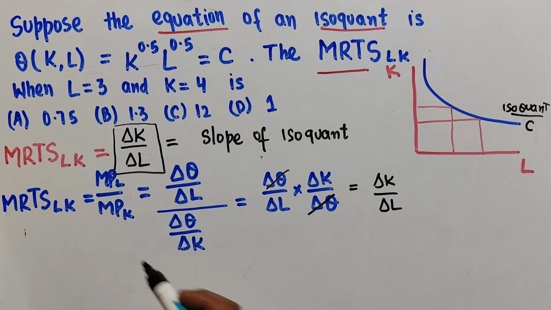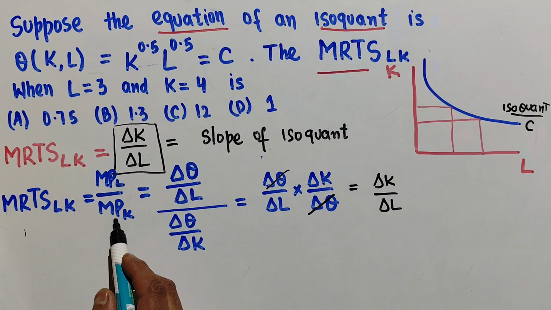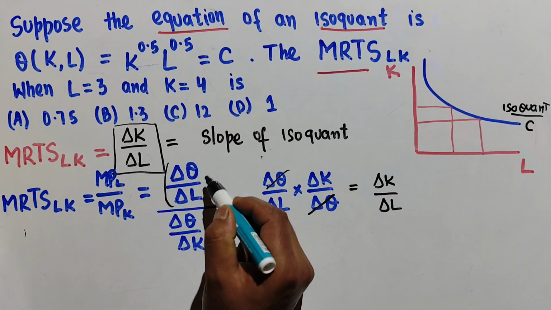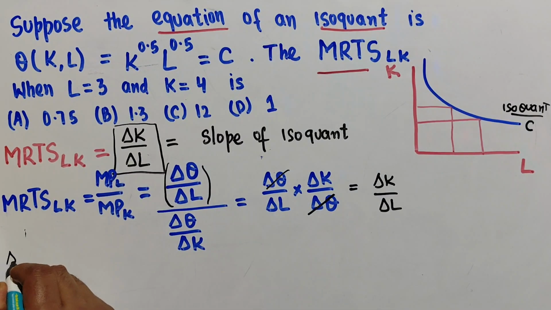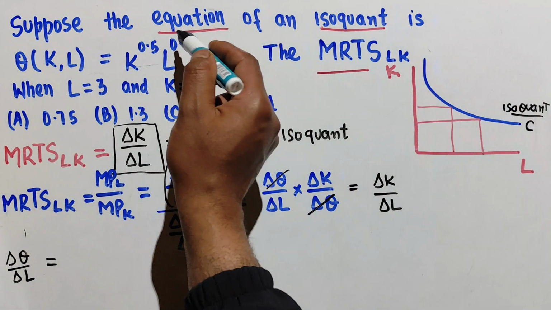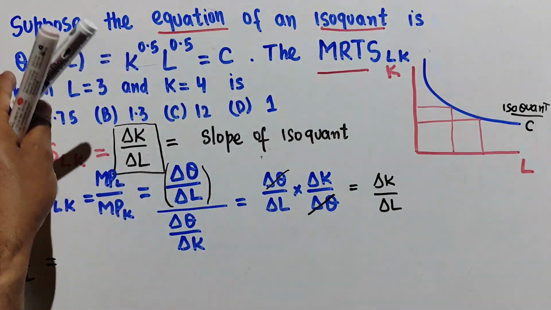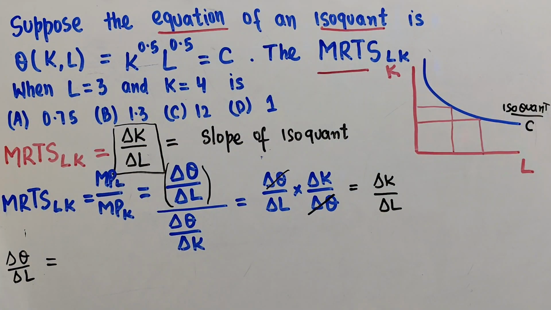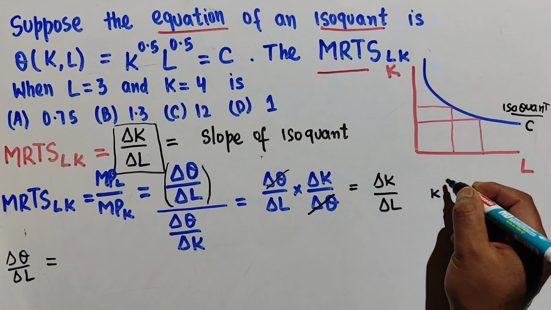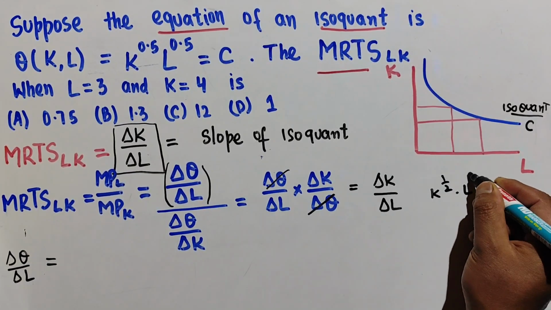Okay, now coming to the question, we need to find out the MPL and MPK. That is this very del Q upon del L. And what is del Q upon del L? That is the derivative of this very function. If I remove this C, this becomes the production function, and it is like this: K raised to the power 1 upon 2 times L raised to the power 1 upon 2.